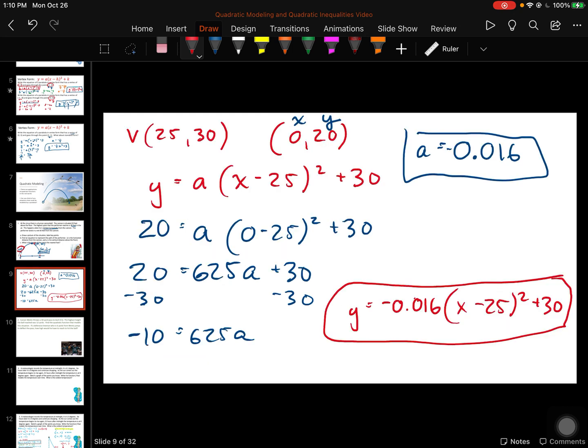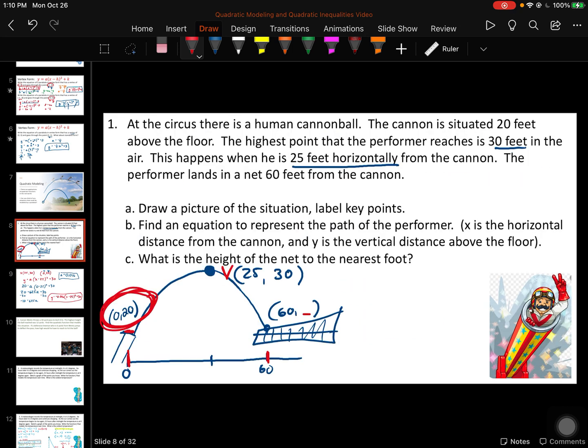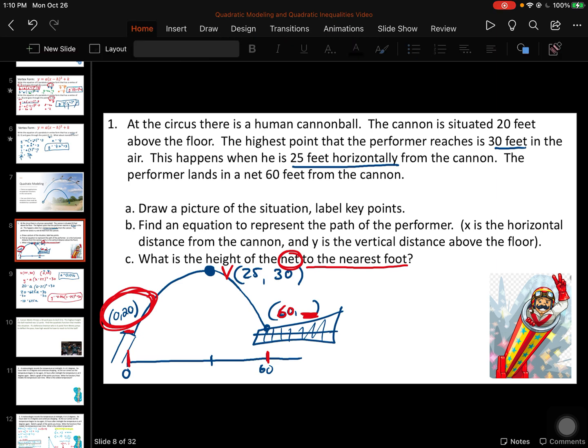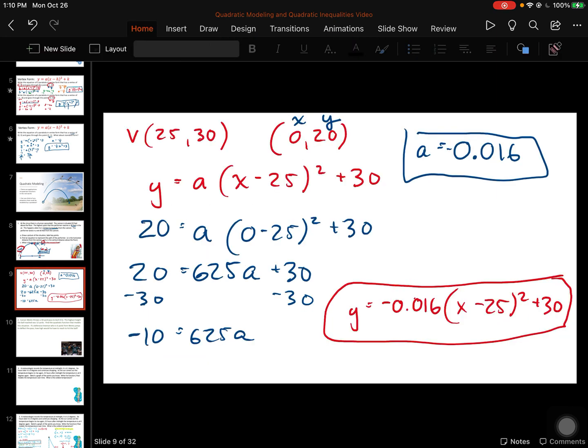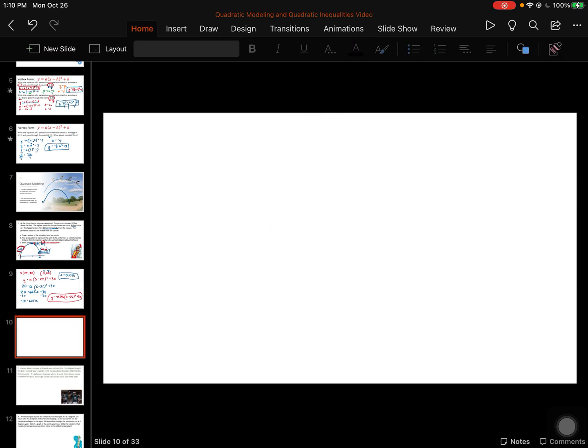So there's your equation. And that'll help us out because my next question says, what is the height of the net? So if I'm asking for the height of the net, that means I need to know what this is. But I already know that the x is 60, and you have an equation. So if we have an equation, we're trying to find what a y value is, and we have an x, we're going to use that equation.